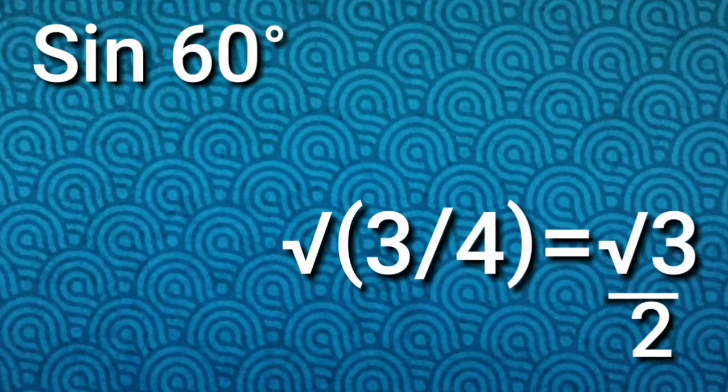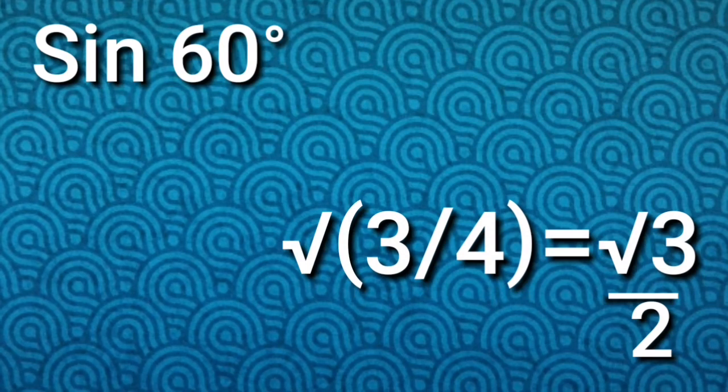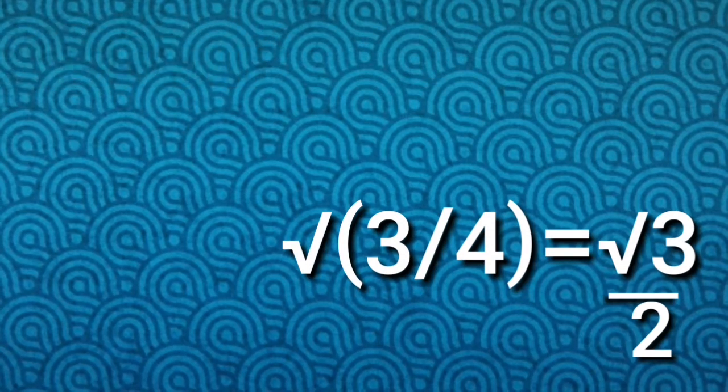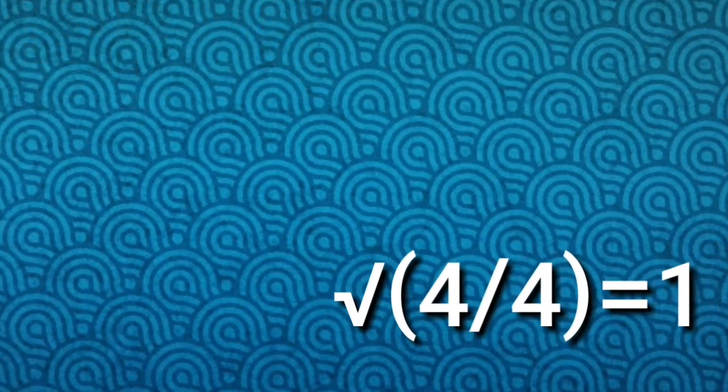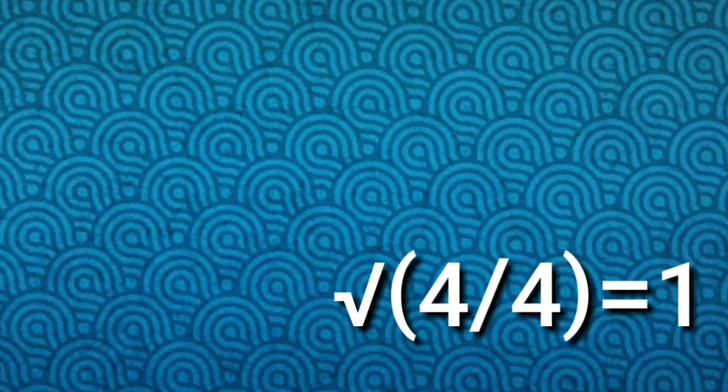Sine 60 degrees means the square root of 3 over 4, that means the square root of 3 over 2. Sine 90 degrees equals the square root of 4 over 4, that means 1.